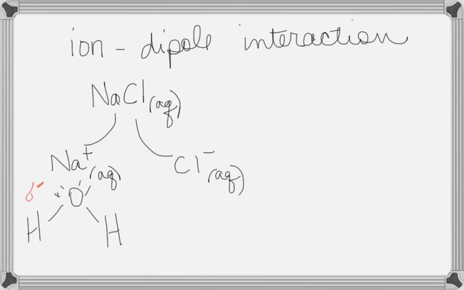So this side has a partial negative charge. They will orient themselves towards the cation. But if this side of the water molecule has a negative charge, then that means the hydrogen side has a partial positive charge. So the hydrogens can orient themselves, the positive side, toward the negative ions, and that's how water, for example, can dissolve an ionic compound, a sodium and a chloride.